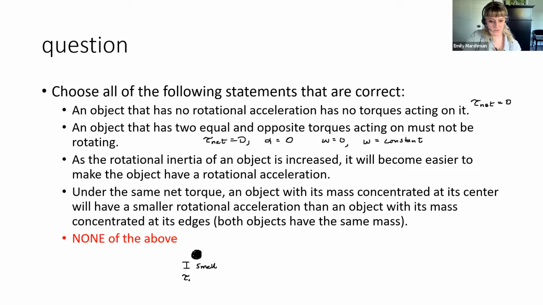If it's got a net torque acting on it, its angular acceleration is going to be big. If an object has its mass concentrated on the edges, kind of like the hoop, the moment of inertia is big. If there's a net torque acting on it, its angular acceleration is going to be small.